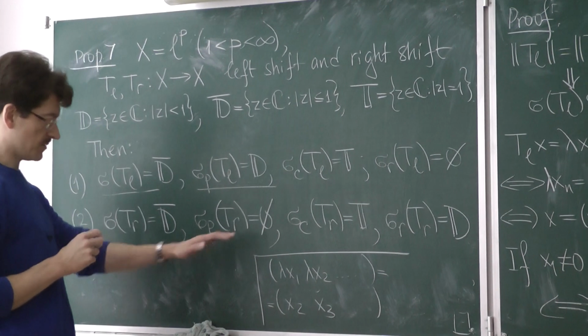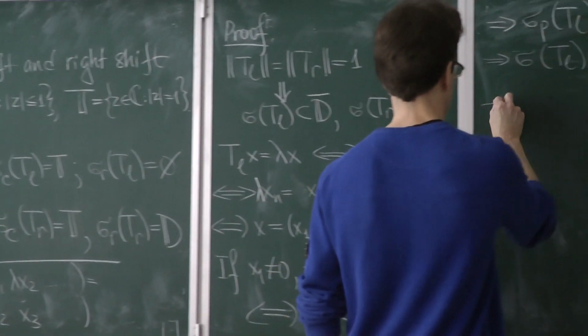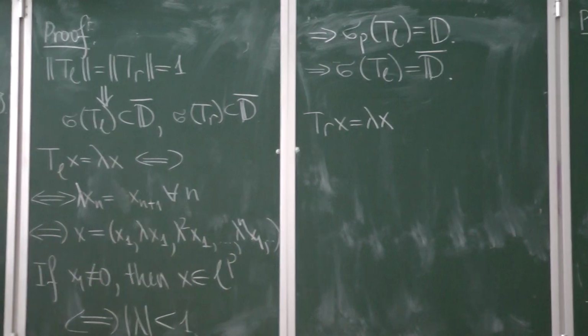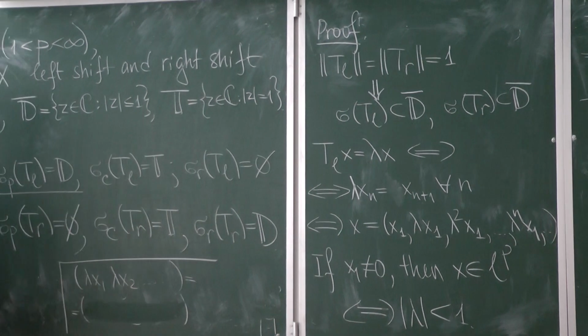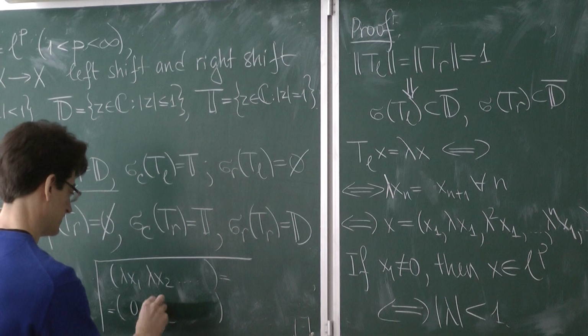Now let's calculate the point spectrum of the right shift operator. So this is lambda x, and the R of x has the following form.